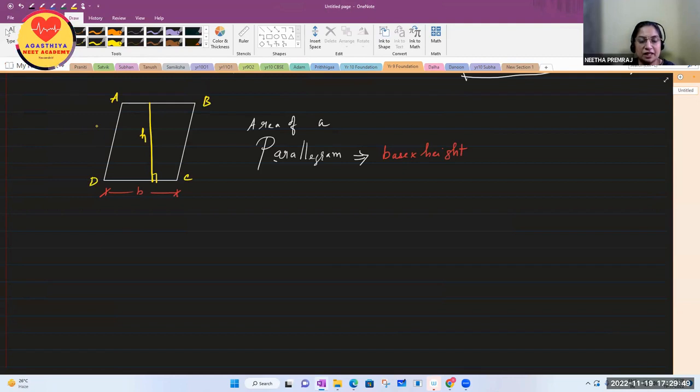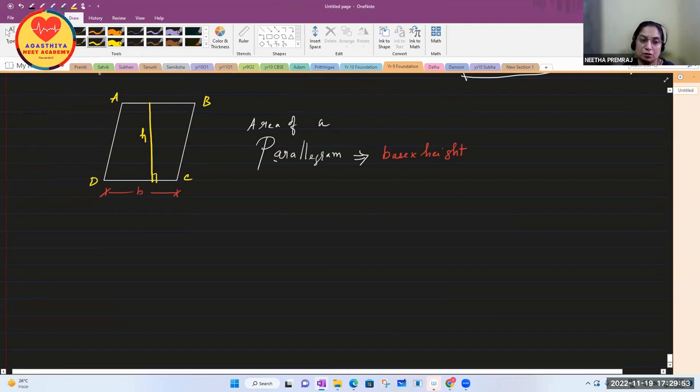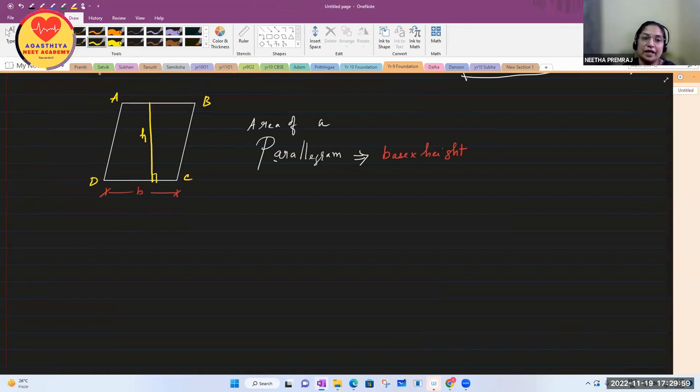Why should I take only CD as base? Can't I take AB as base? Can't I take AD as base? BC as base? Yes, you can take anything as a base. If you take AB as base, it is also the same. You can write area is equal to AB times height, or area is equal to CD times H.